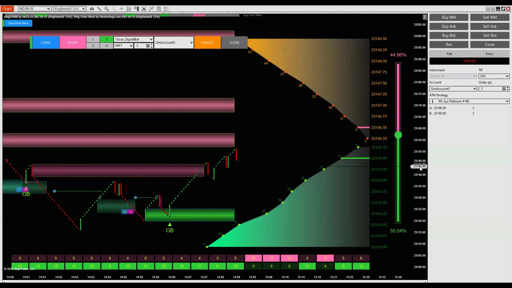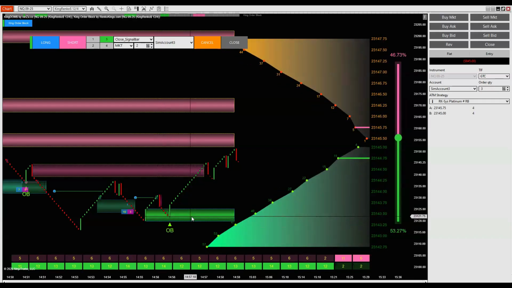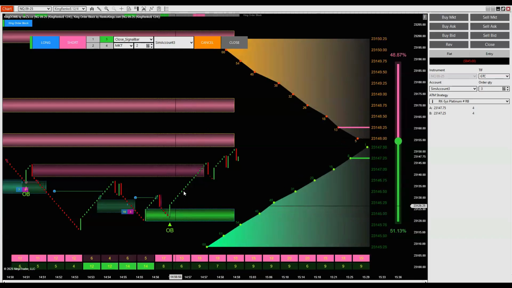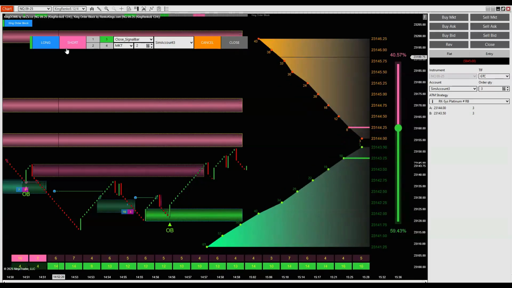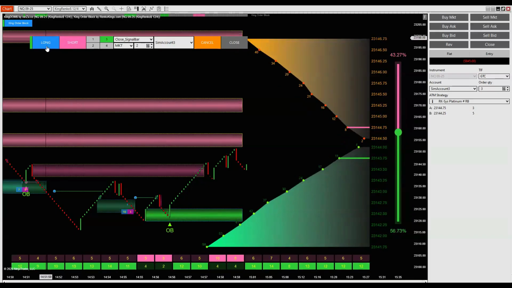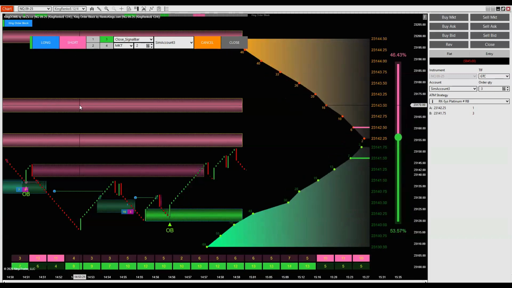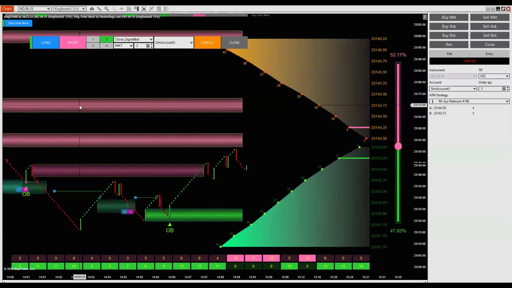So again, just to review, Kingdom will only look for long trades in support areas and only look for short trades in resistance areas, even though I activated both longs and shorts. The way Kingdom works, it works in conjunction with whatever indicator you choose.